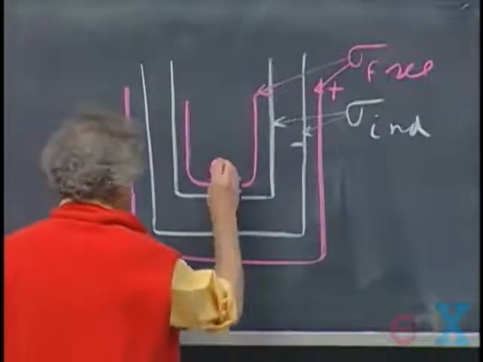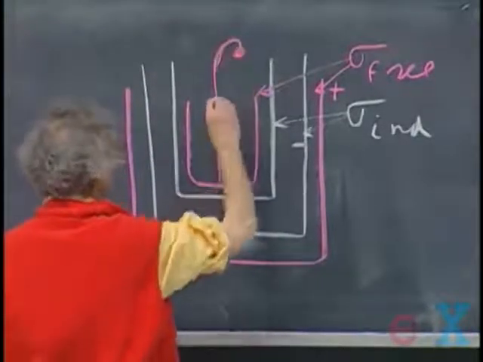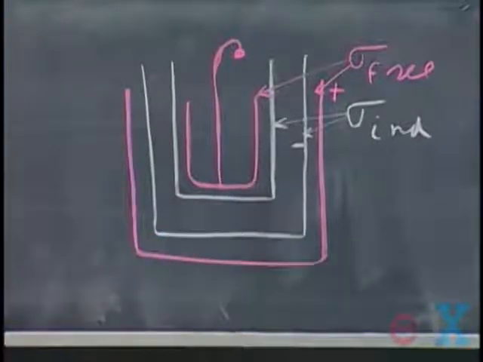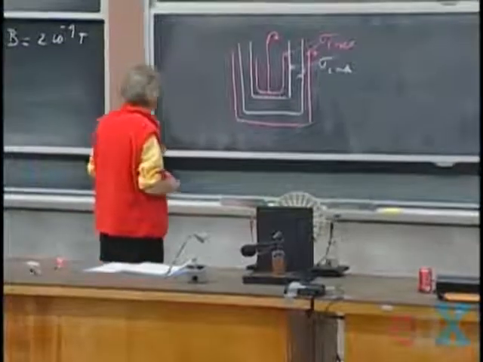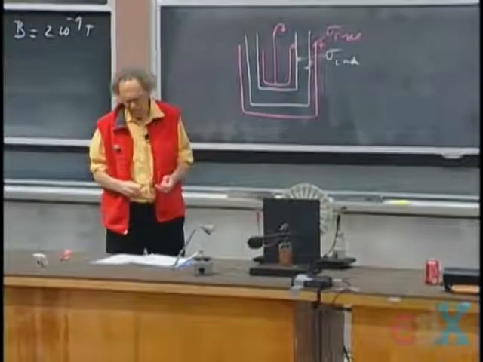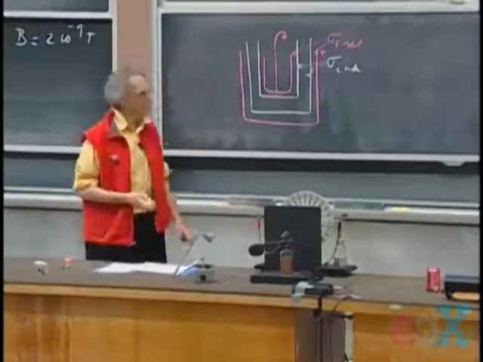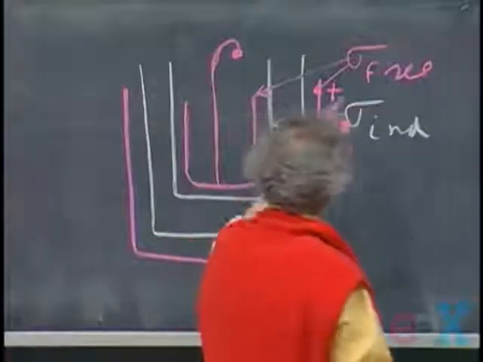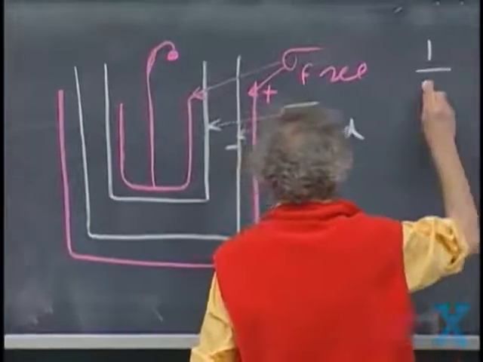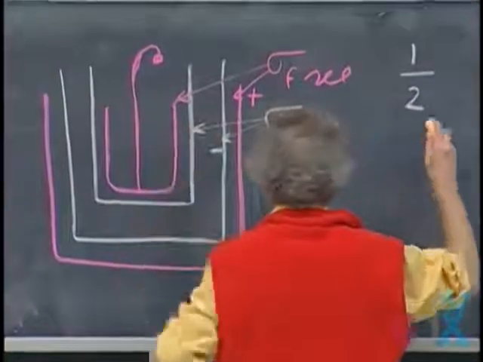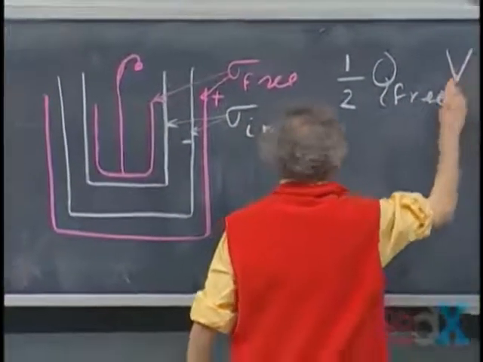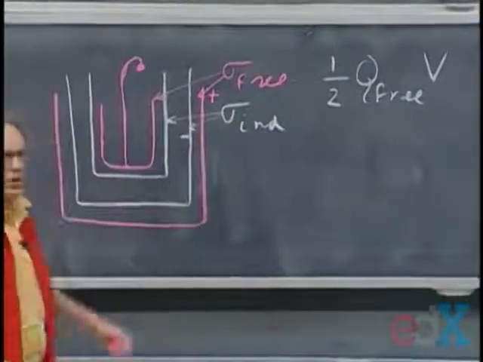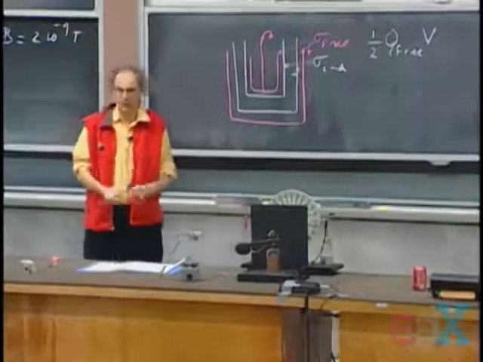We have here a metal hook so that we can lift out the inner portion. So what we did, we charged it up with the Wimshurst, and then there is a certain amount of energy. The electrostatic potential energy of this configuration is 1/2 Q free times the potential difference, and the Q free is the charge which is on the outer conductor.